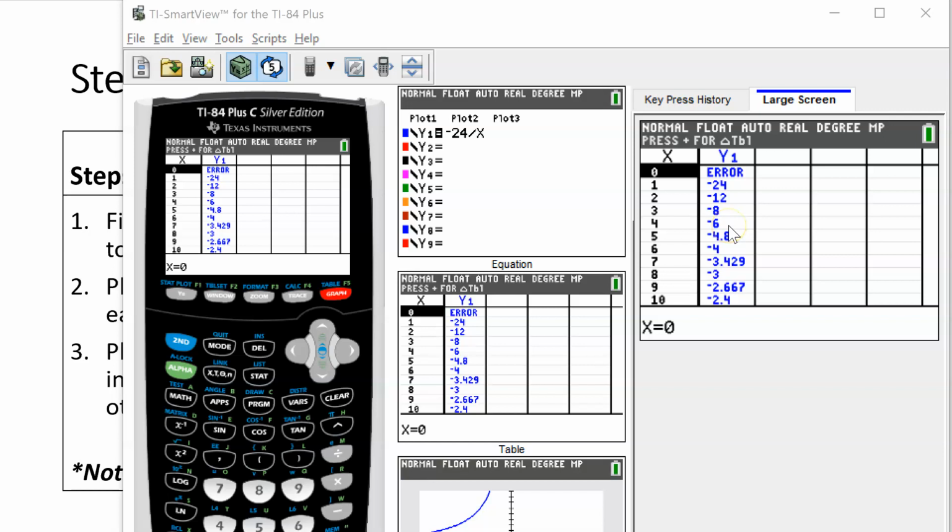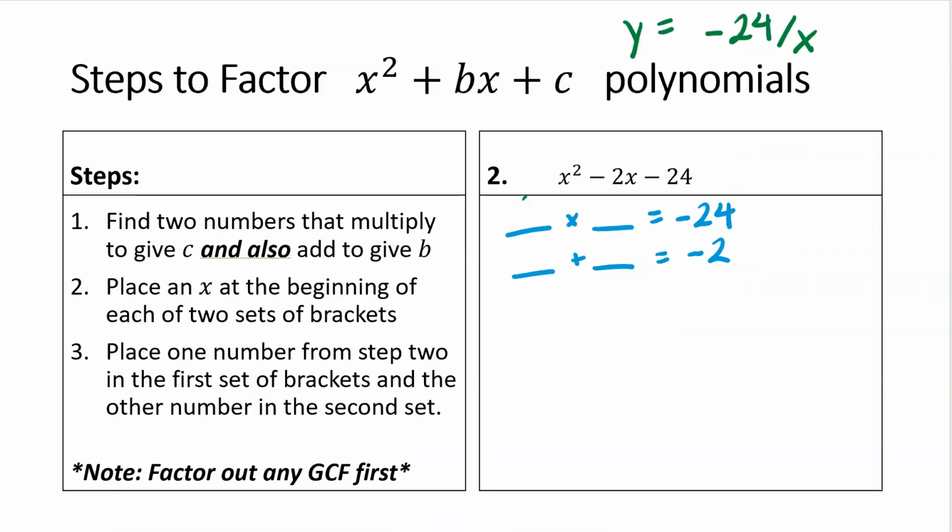4 plus negative 6 is negative 2. So let's use those two numbers. Our two numbers are 4 and negative 6, which multiply to give you negative 24, and 4 plus a negative 6 sum to give you negative 2. Then we take our two sets of brackets, put an x in front of each, and then just use those two numbers.